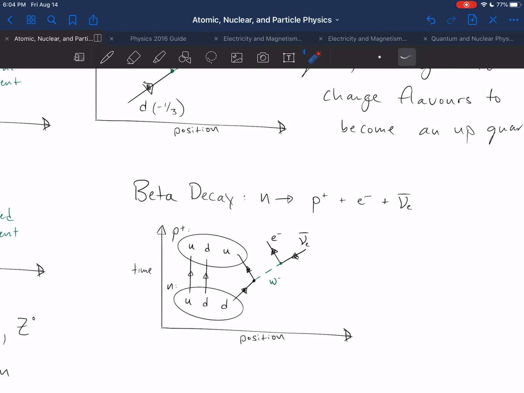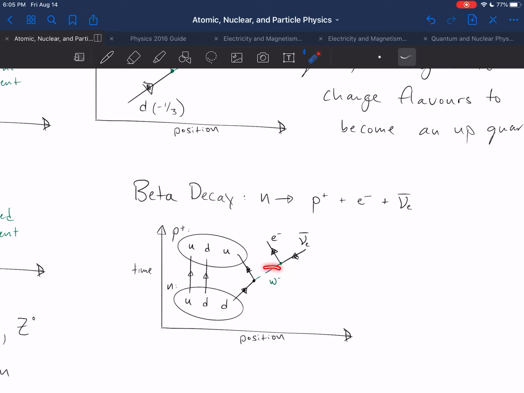All right, so what happens? Well, beta decay is a multi-step interaction. It involves two vertices in some order. In this particular case, we have a down quark first emitting a W minus boson. Note that to conserve charge at this vertex, that down quark becomes the up quark that we needed it to become.